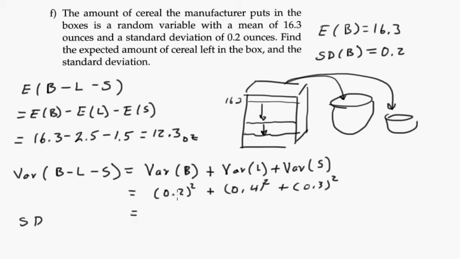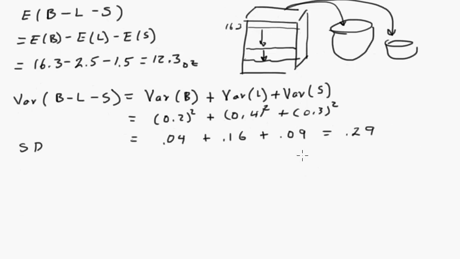This is going to be 0.04 plus 0.16 plus 0.09, which is 0.29.